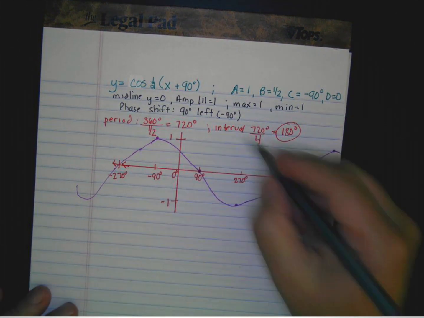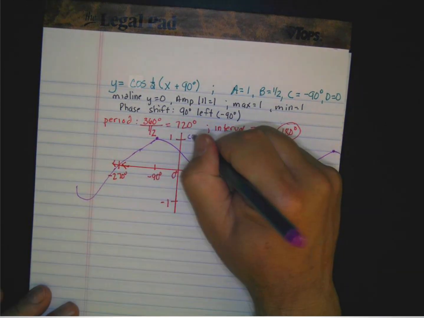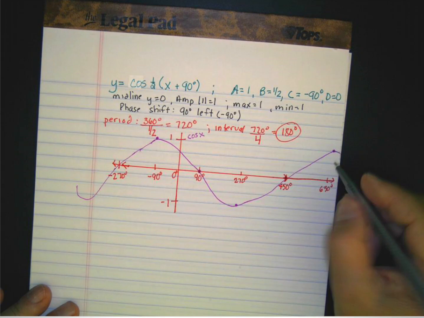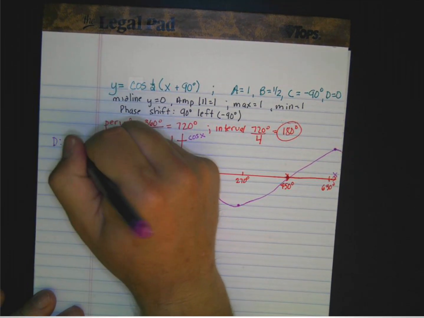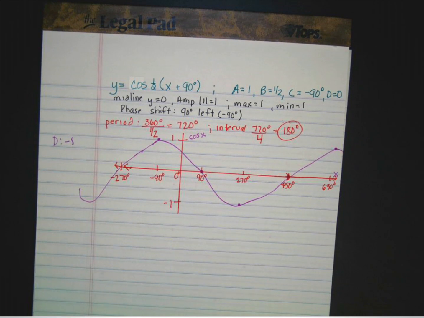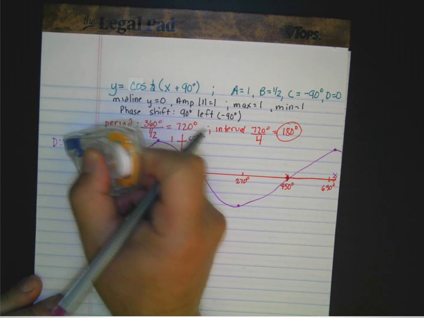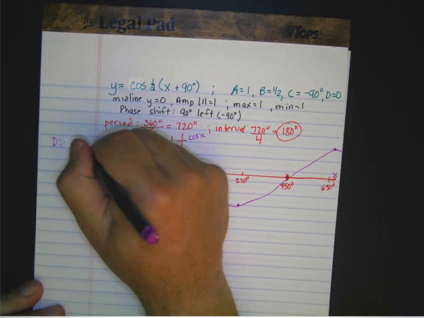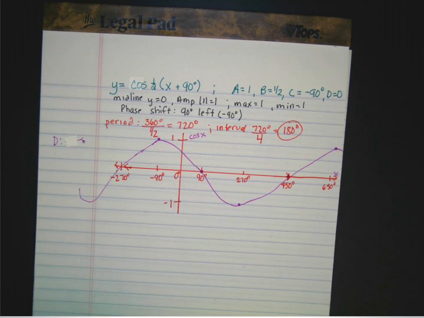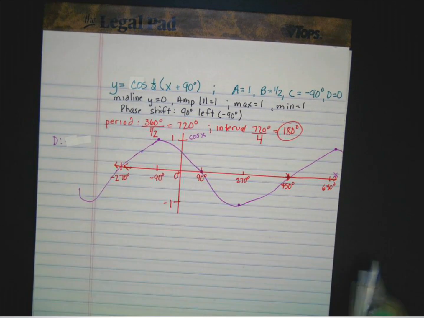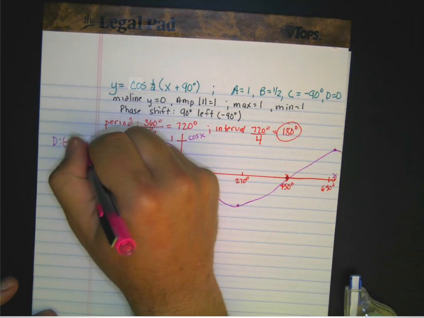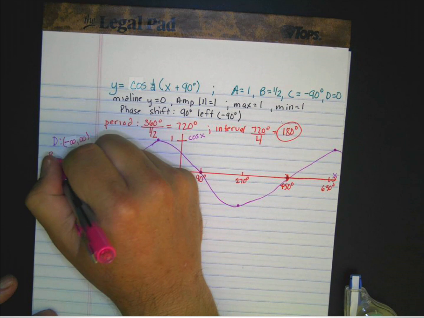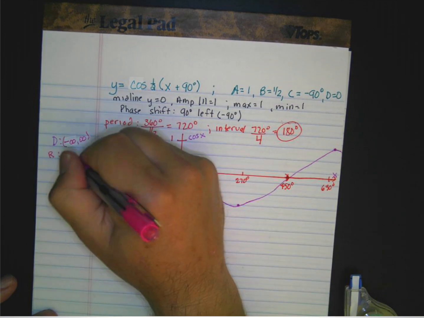So again, this was the cosine of x, and then this was x. So our domain is still negative infinity to positive infinity, and our range, negative 1 to 1.